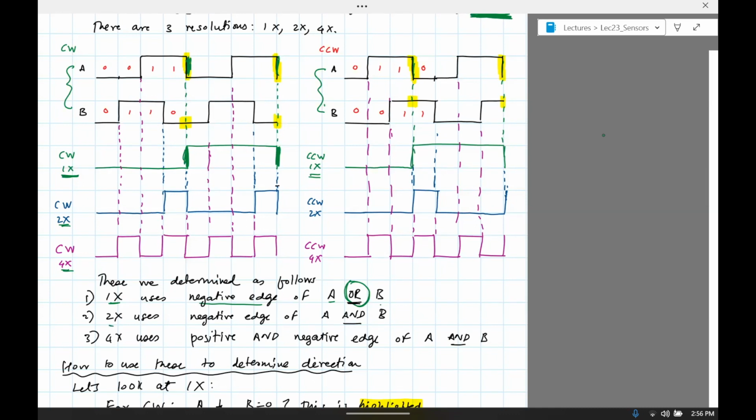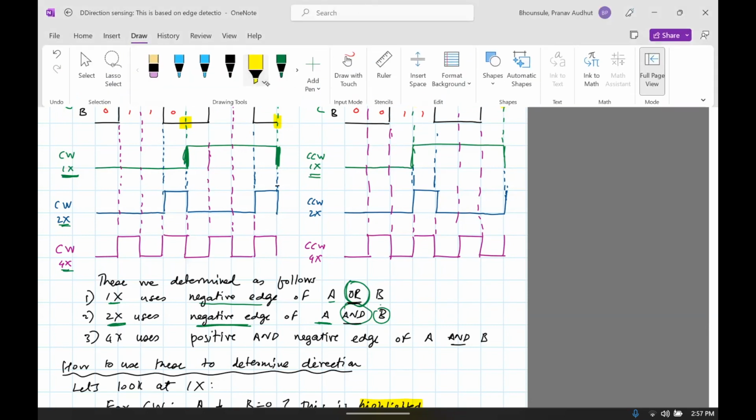If you want to use the 2x resolution, you trigger on the negative edge of A and B, so you use both. Let's use a different color here.